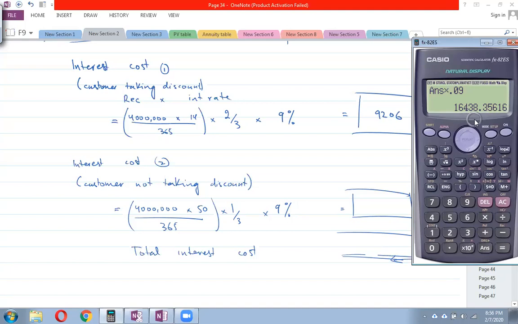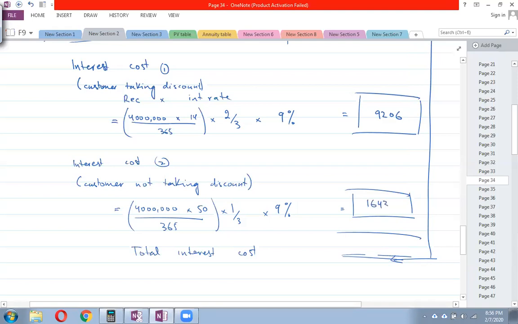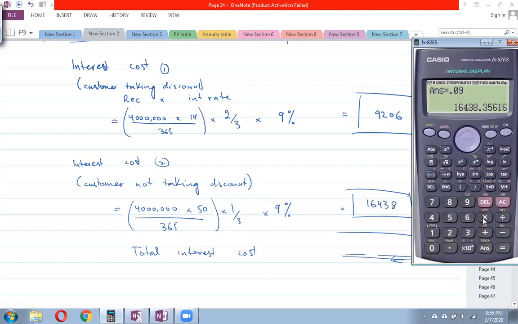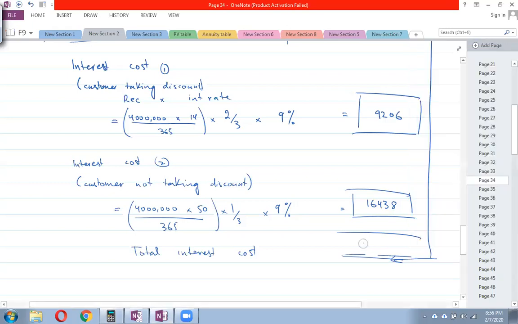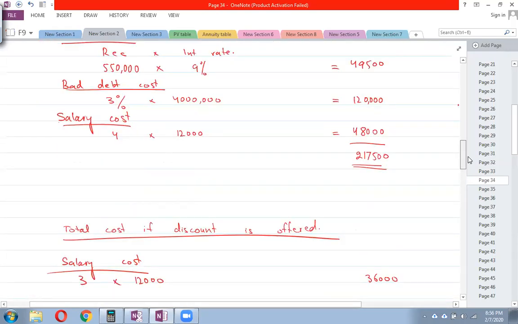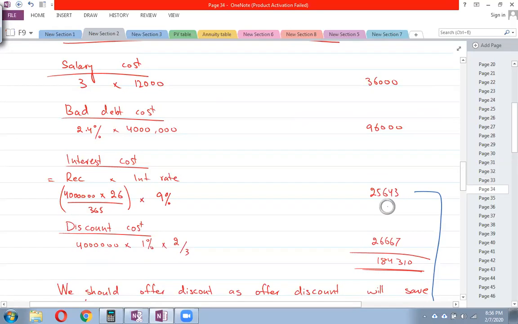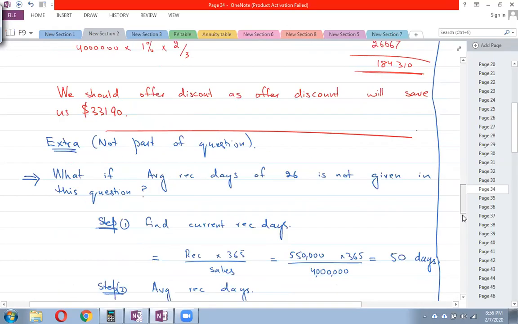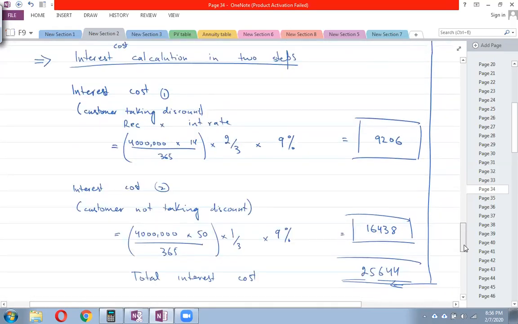This should be 16,438. And with this, you add 9,206, so it will be 25,644. And what was the answer before? 25,643, right? So $1 is the difference because of the rounding.